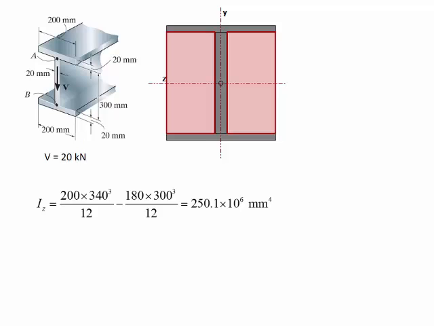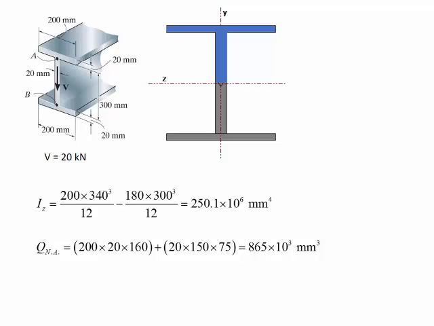Once we have the moment of inertia, we calculate the first moment of area with respect to the neutral axis, so it's the area above or below at that level. So we have the flange. The area is 200 times 20 times the distance of the centroid of that flange to the neutral axis, which is 160.